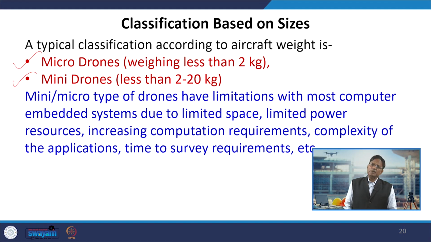Both mini and micro drones have their limitations, with most computer embedded systems, due to the limited space in them. They have limited power resources, can fly for a short time, and have increasing computation requirements, complexity of the application, and time to survey requirements, etc.